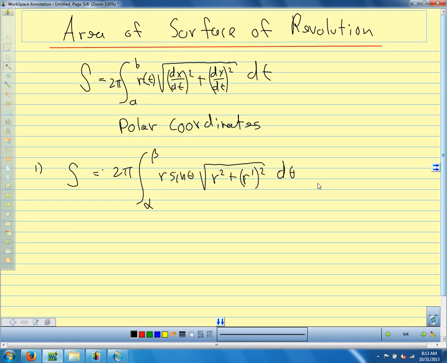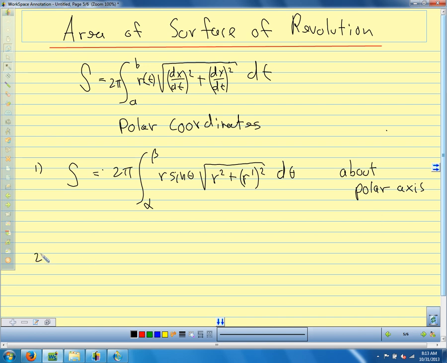And we would be rotating about which axis here? About the, and in polar coordinates we call the x-axis the polar axis. Polar axis is theta equals 0. So this is about the polar axis.